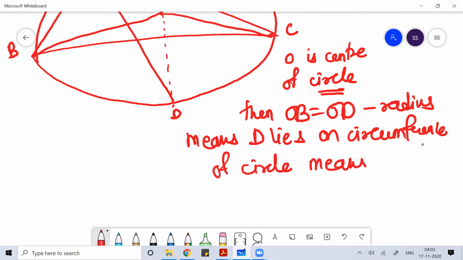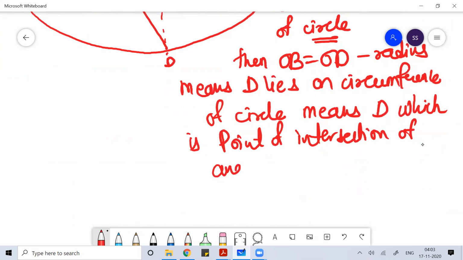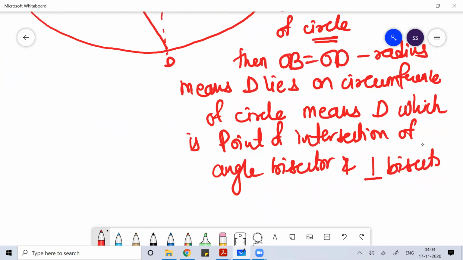Means D, which is the point of intersection of angle bisector and perpendicular bisectors, lies on the circle.